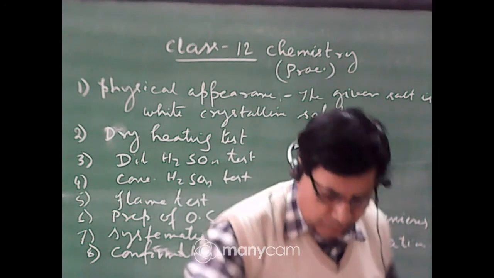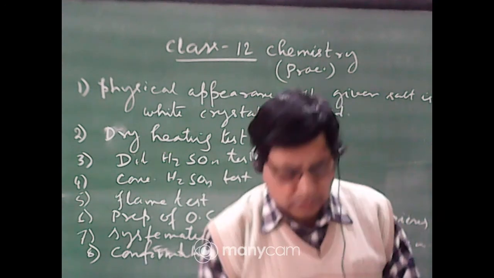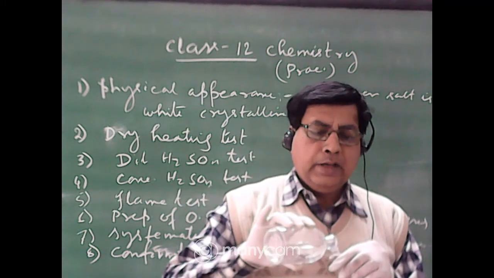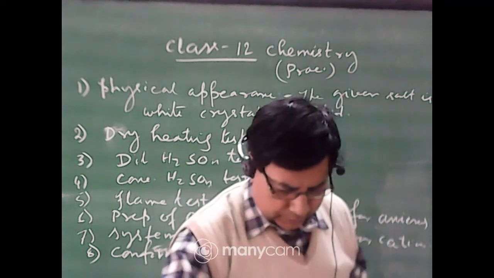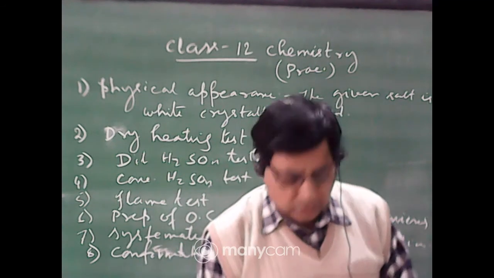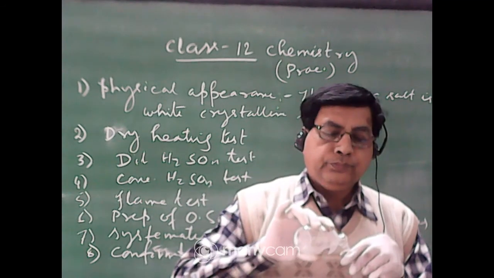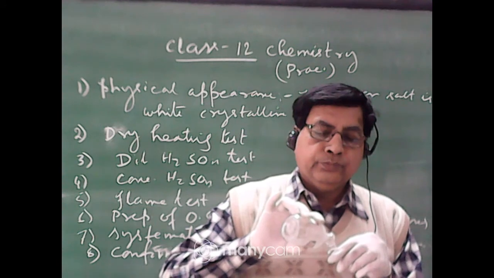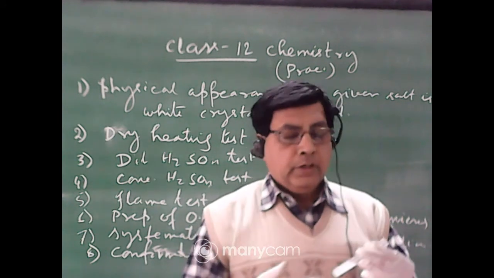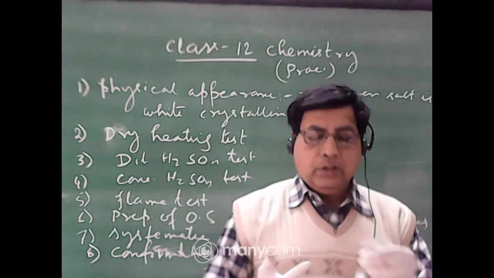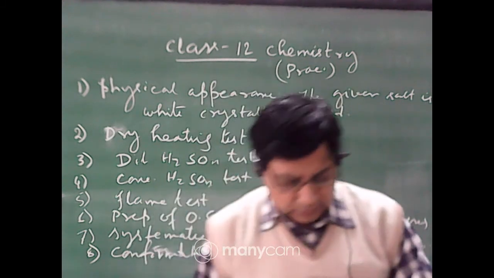For group 3, you add ammonium chloride, then a very small amount of ammonium hydroxide. No white precipitate is formed. Now pass H2S. Group 4 I have already done, so it is not group 4.